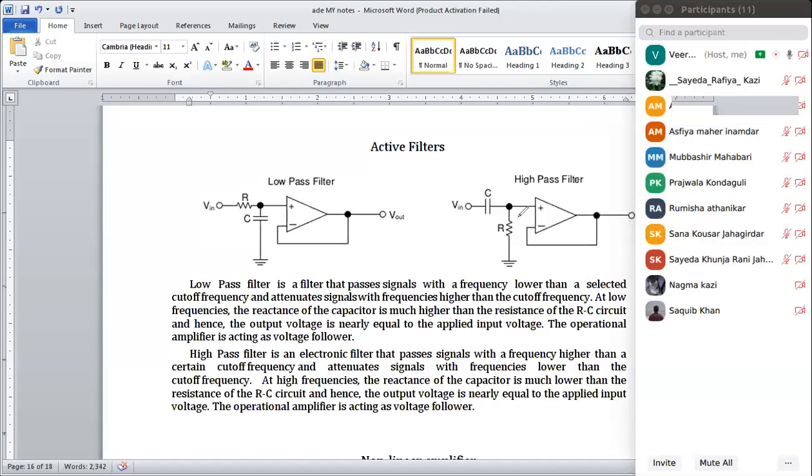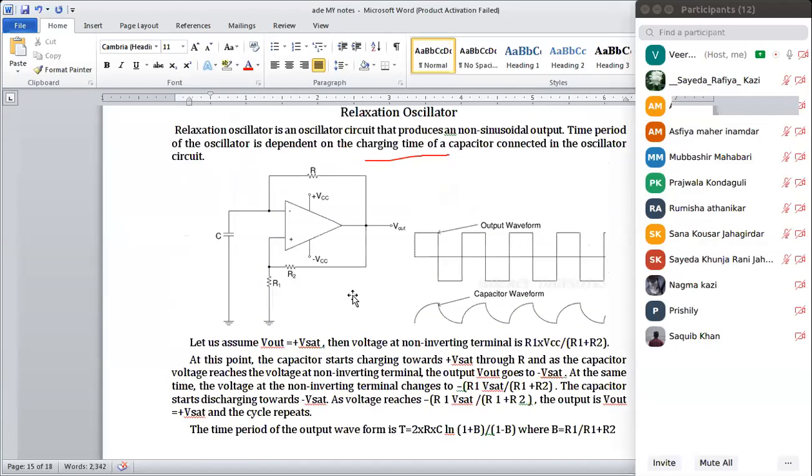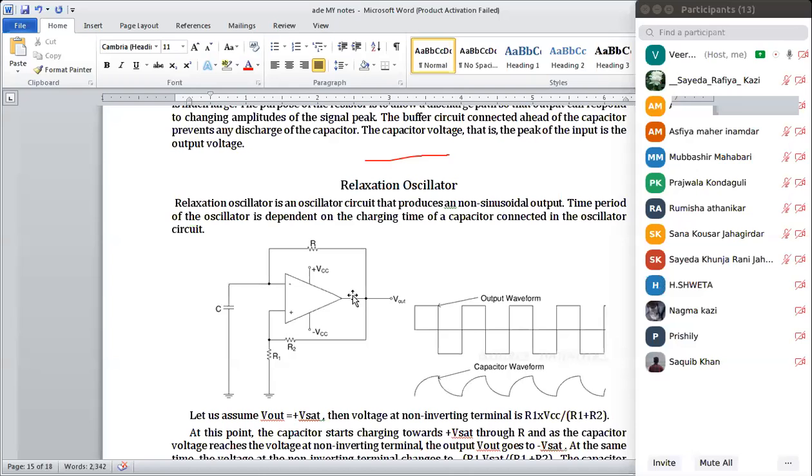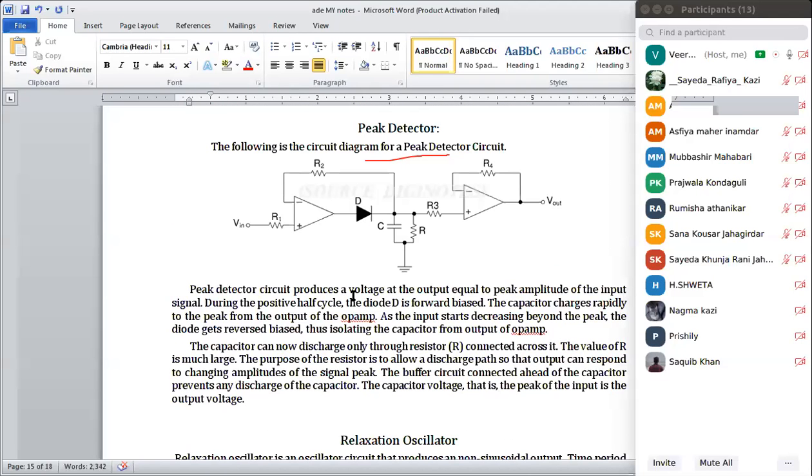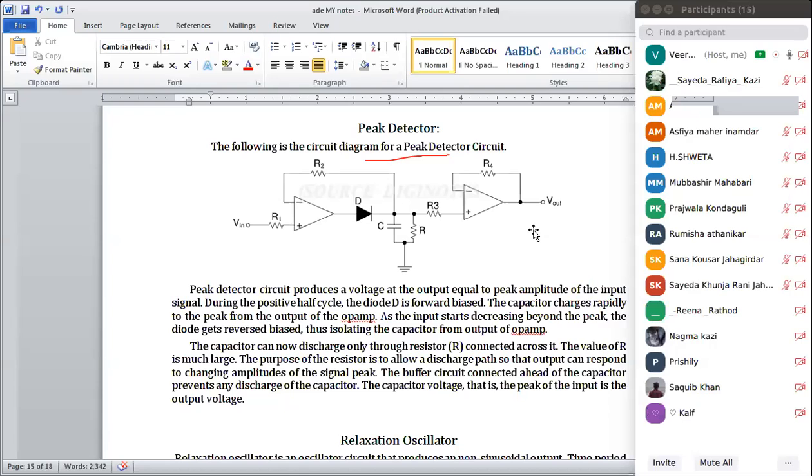So let us start with today's topic, active filters. Okay. So previously we have understood how a peak detector circuit is going to capture a peak value of the input signal and show it at the output side.